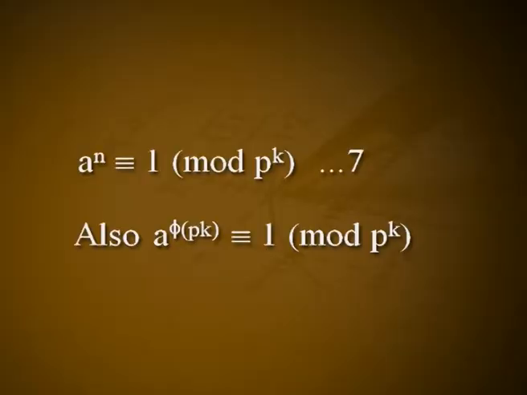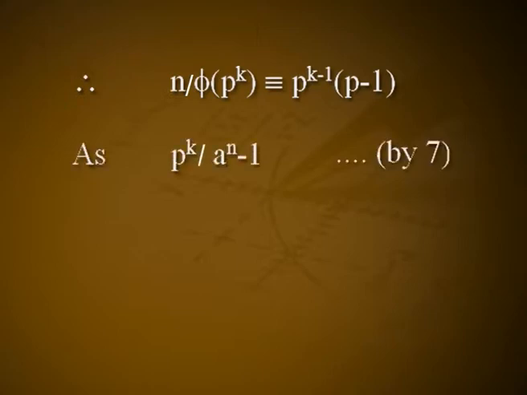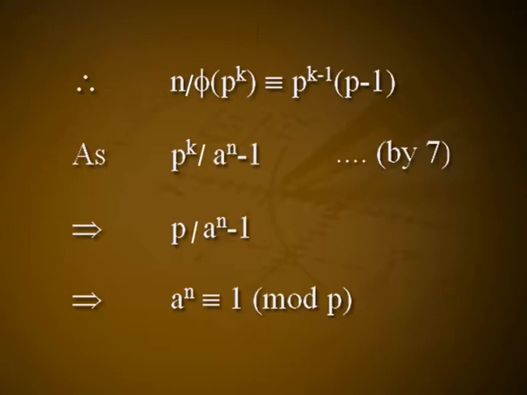So that a works as a primitive root mod p^k. Let n be the exponent of a mod p^k, then a^n ≡ 1 mod p^k. Equation number 7. Also, a^φ(p^k) ≡ 1 mod p^k by Euler's theorem. Therefore, n divides φ(p^k) = p^(k-1)(p-1). As p^k divides a^n - 1 by 7, p divides a^n - 1, which implies a^n ≡ 1 mod p.